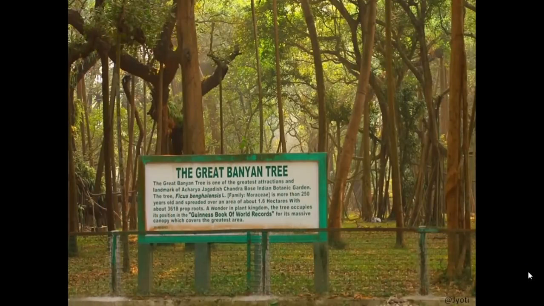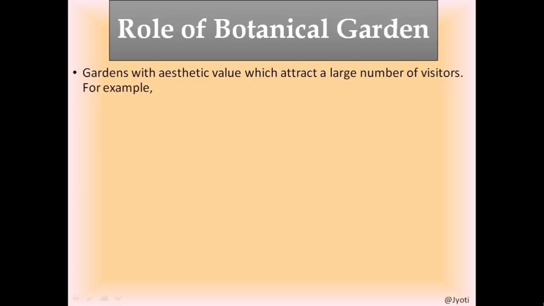So this is the Great Banyan Tree. Can you tell? All these are the prop roots. They are hanging from the horizontal branches, but each and every root seems like a tree. So this is the major attraction of this particular garden. Now, role of botanical garden.